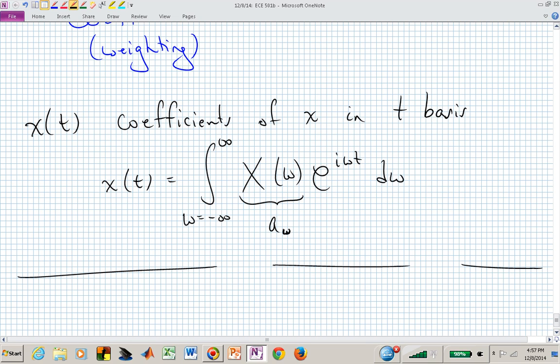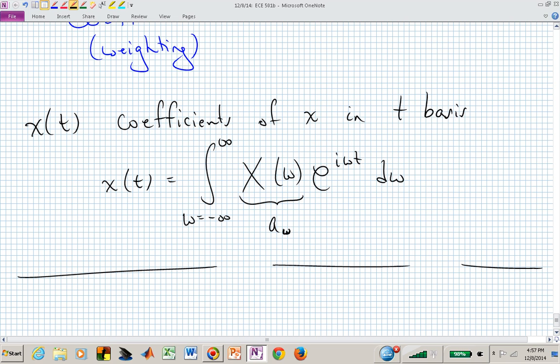Now you can build that up by recombining those with respect to each of the eigenfunctions, e to the I omega t. And that's how these capital X of omega and little x of t are related.